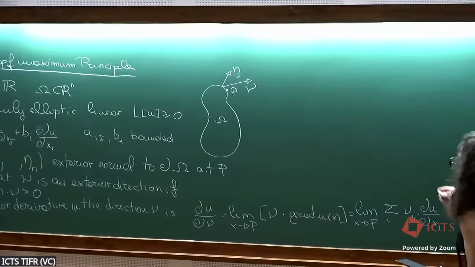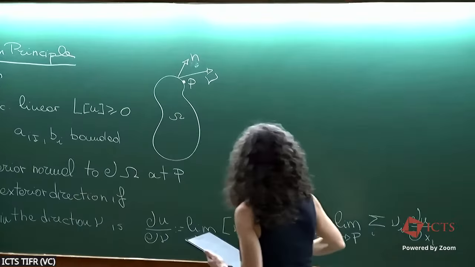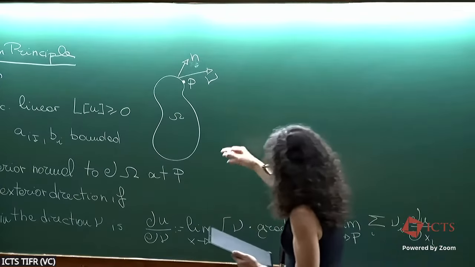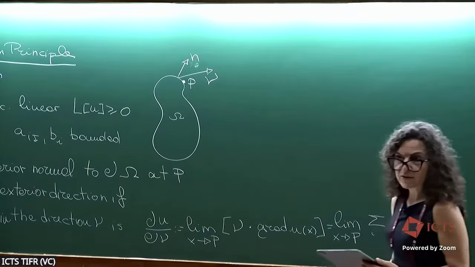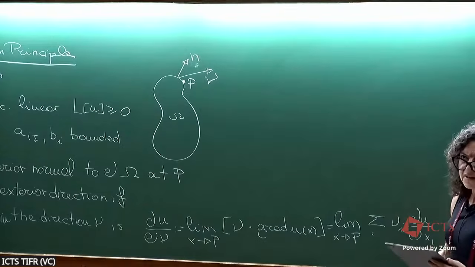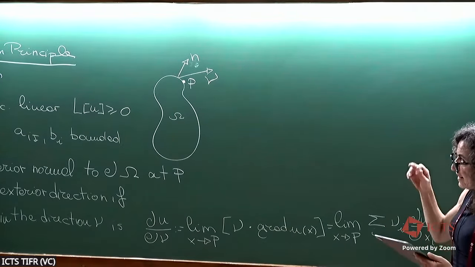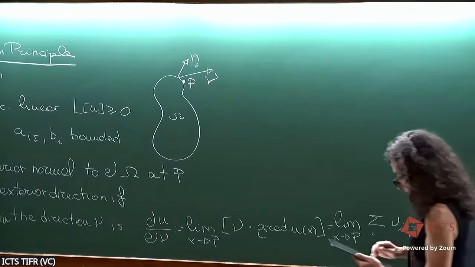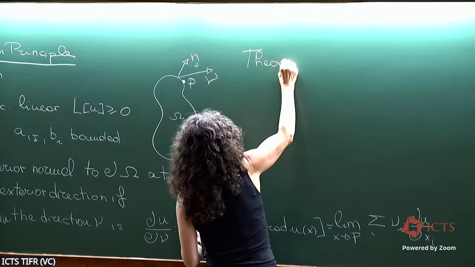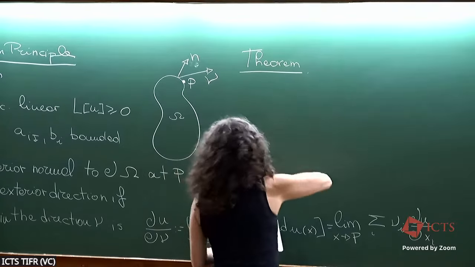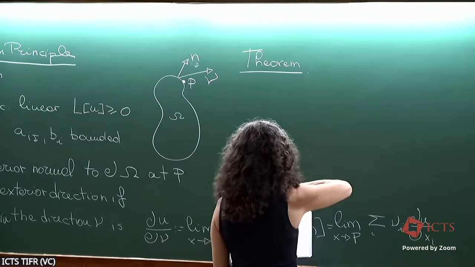Okay, if u happens to have a maximum at the boundary like that, then one knows that all these derivatives are larger or equal than 0 at that point, because it has a maximum there. What Hopf proved is that the strict inequality holds. So the theorem is the following. Okay, so L is like that.